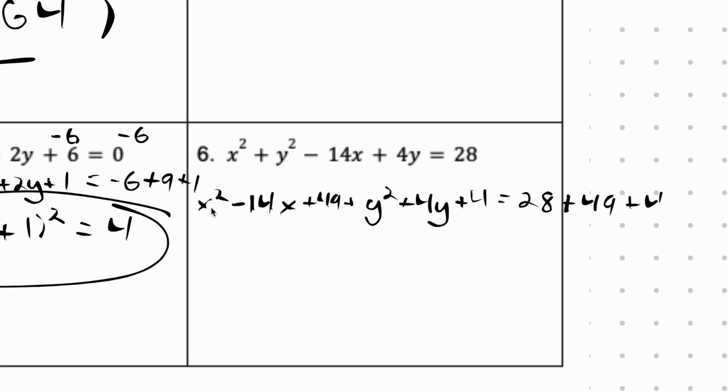So I'm going to factor this, right? This is going to come out to x plus b over 2 squared.